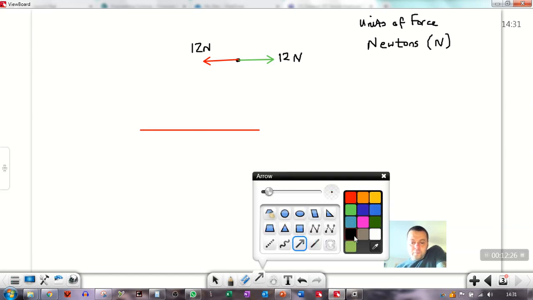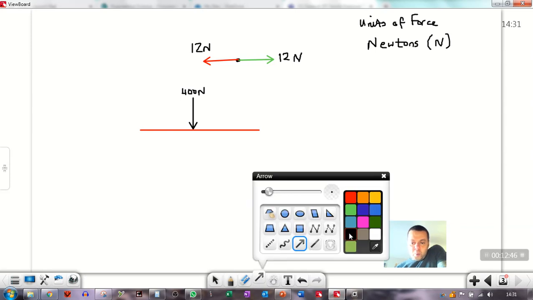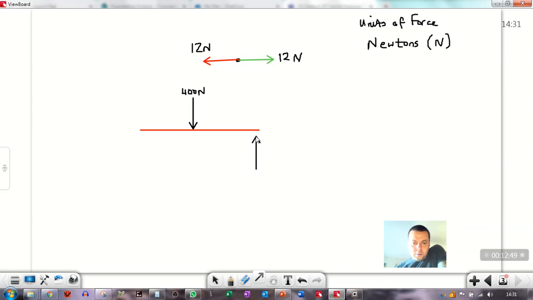So if we've got a beam and there's a force acting down in the middle, and that force is 400 newtons, and the beam is being supported on two pillars, and one of those pillars is taking 300 newtons. What's the other pillar taking?